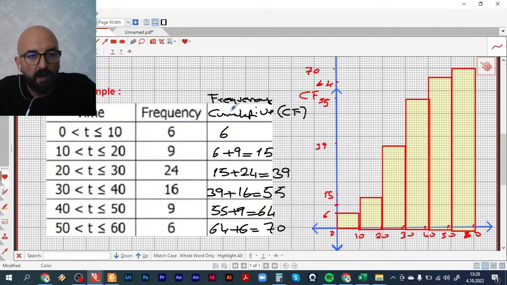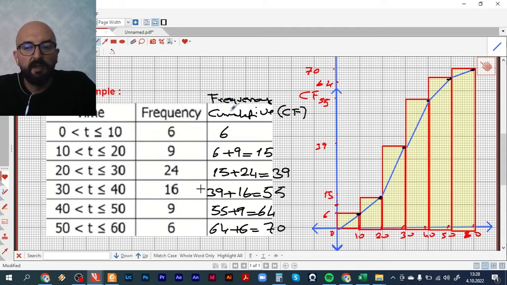And we should draw the upper boundary. If you remember, if you want to draw a cumulative frequency, you should draw the upper boundary by drawing the polygon, and our cumulative frequency graph is like this.